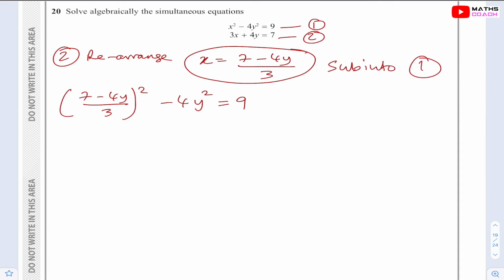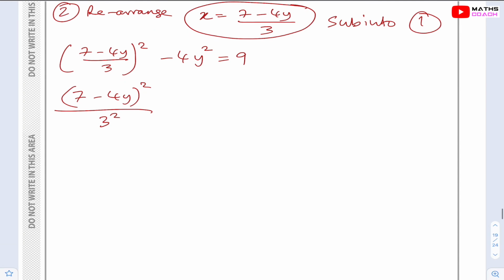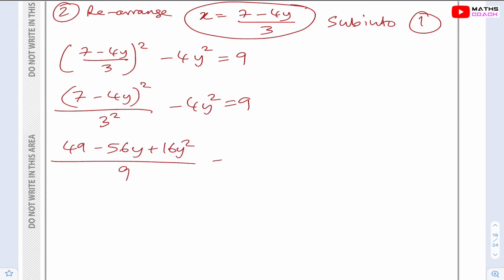Now this bracket might look a little bit tricky, but what you can do is do 7 minus 4y in its own square, and you could also do 3 squared. That will now be easier to work with. So 7 minus 4y, we'll expand this out, the double bracket. That gives us 49 minus 56y plus 16y squared, and 3 squared is 9. And then we have the minus 4y squared right there.